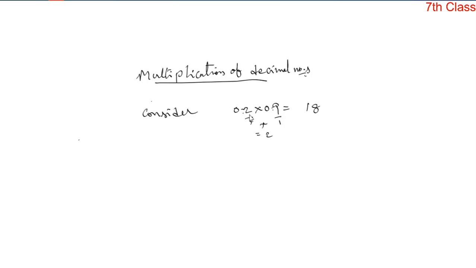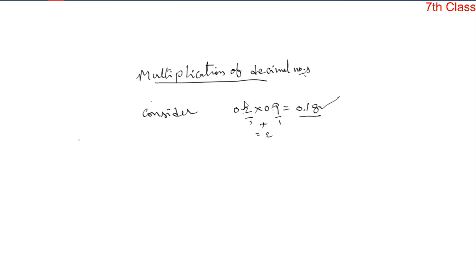Why? Because the number of digits in the decimal part is 2. Now count 2 digits: 1, 2, put the point. And in the whole part there is no number. Therefore 0.2 into 0.9 is equal to how much? 0.18.